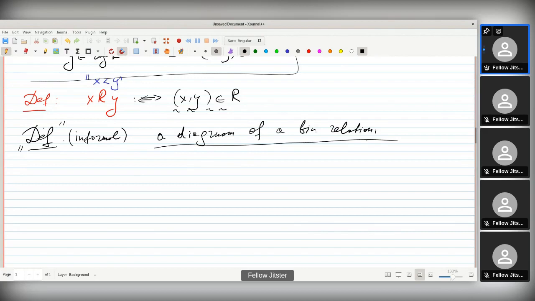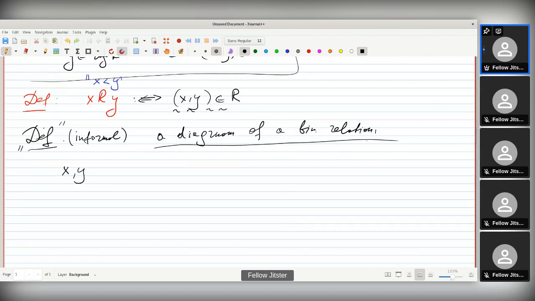In fact, I won't give a definition, but just an example. If you define it rigorously, then a diagram would be almost the same as the relation itself. But the idea is as follows.